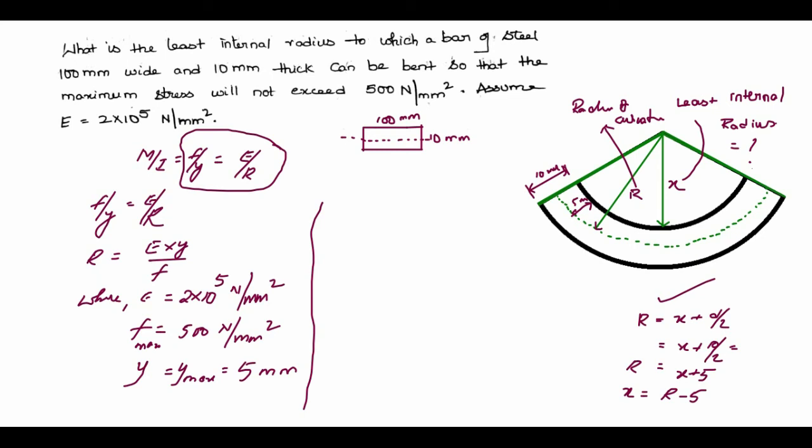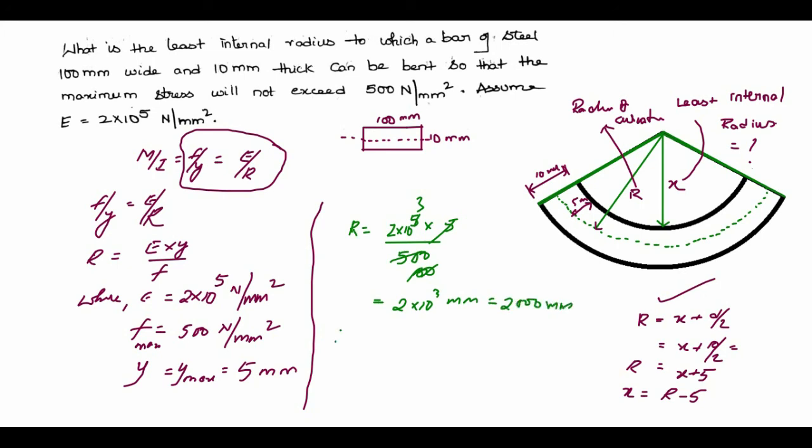So substitute the values, guys. R is equal to E, 2 into 10 to the power of 5, into the value of y, which is 5, divided by 500. You can cancel these, and you are going to get 2 into 10 to the power of 3 mm, or 2000 mm.